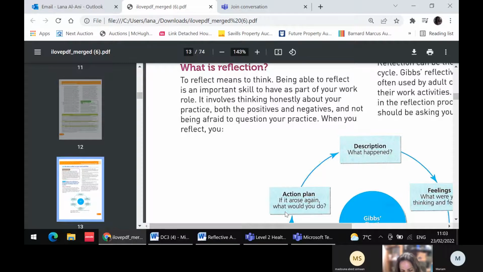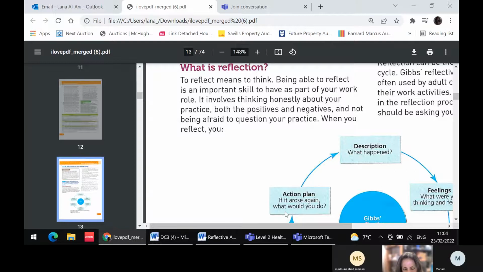While when you talk to yourself, you reflect on your own practice, you will be very, very honest. And this could be positive or negative, because you will tell yourself, no, I've done wrong, because the way that I've been trained is different from the way I handled this situation.